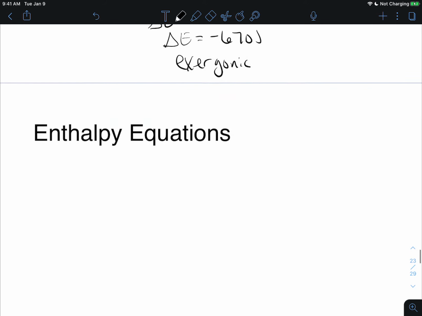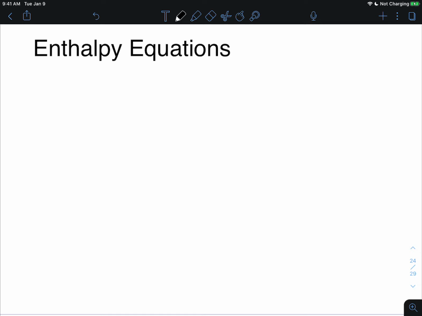Okay. Let's look at some enthalpy equations. So enthalpy, one of our most important terms in this chapter. Enthalpy is going to be, as I've already shown, our E plus our pressure volume work.